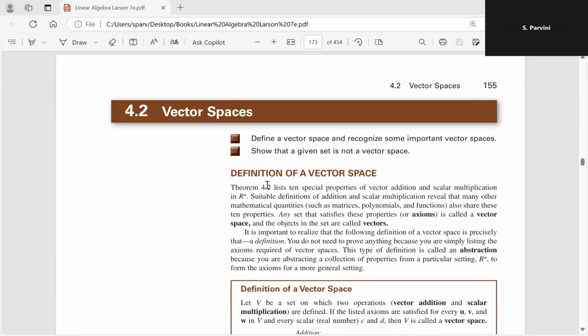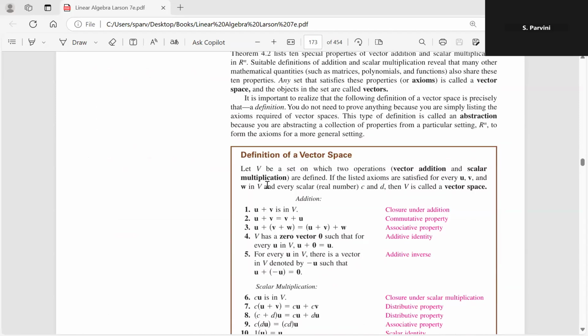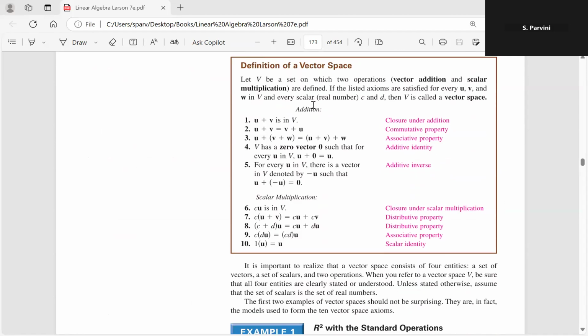All right, so what is a vector space? Let's actually talk about this one. A vector space is any set that satisfies these 10 axioms, the 10 axioms that we saw in the previous section, section 4.1. Remember, we had the addition of vectors. The first 5 were addition.